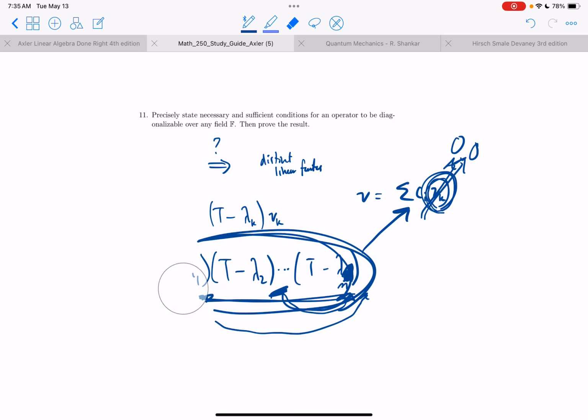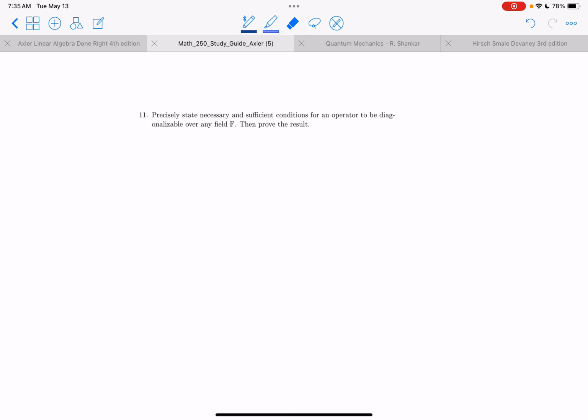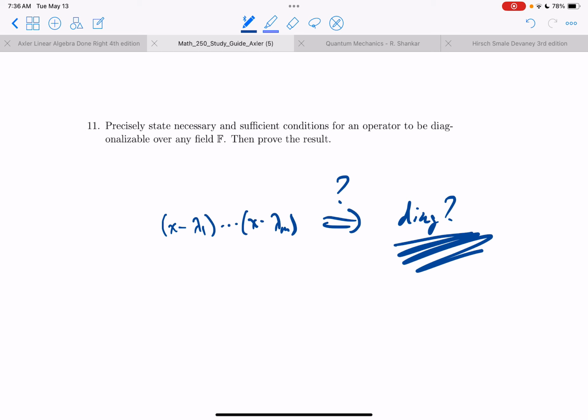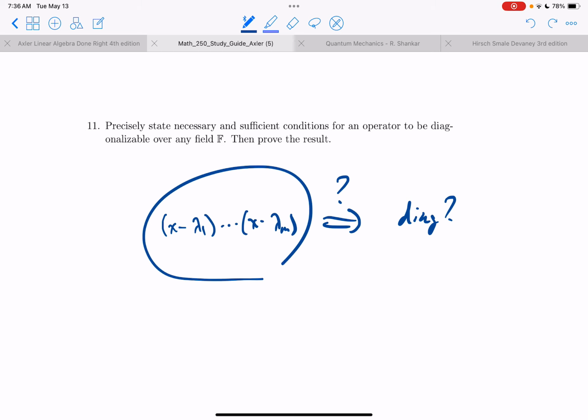Now, the other direction is going to be the induction step, where say our minimal polynomial factors into distinct factors, where these are all distinct. Why does that imply that the thing is diagonalizable? We need to find a basis of eigenvectors. That's the key proof. We assume that this is the min poly.